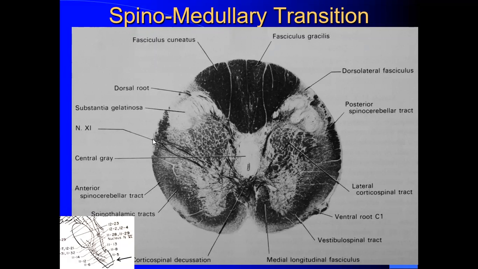Here's cranial nerve 11, way in here. This is the area, the central gray and the central canal. Here is the anterior, I'm going to use the term ventral spinocerebellar tract. Doesn't matter. You could say anterior, posterior or ventral, dorsal. To be consistent with the rest of this series of talks, I'm going to use the terms ventral and dorsal.